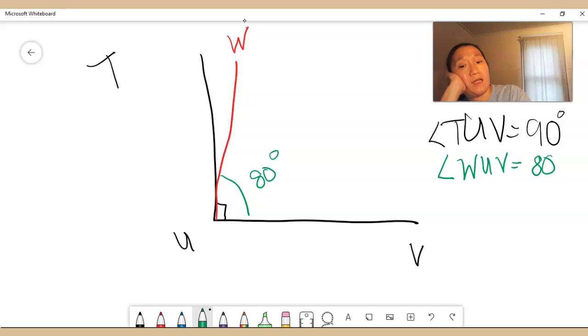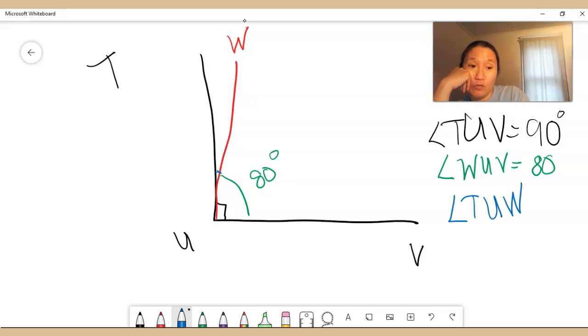And if you add in TUV, you know that that's 90, so you have to find the missing angle right here. You have to find the angle for TUW. And if I took 90 and took 80 away, that would be 10 degrees. So if I add 80 plus 10, it's 90. That equals the whole thing.